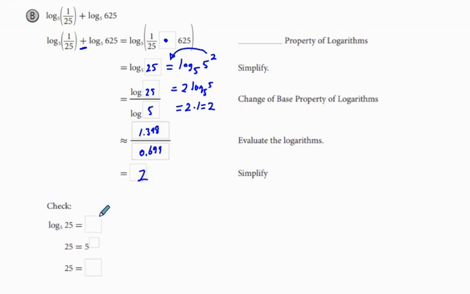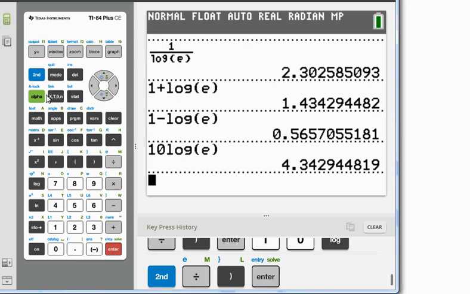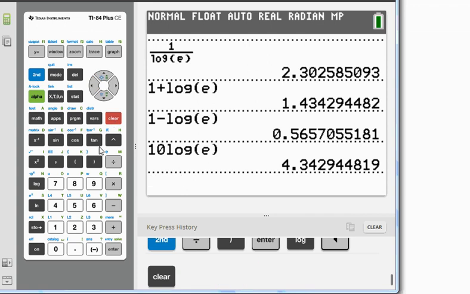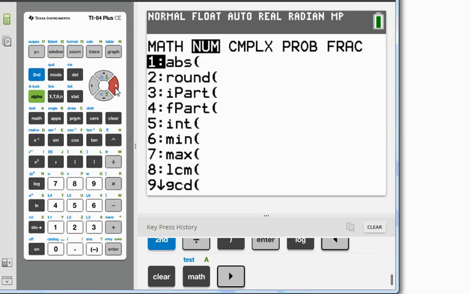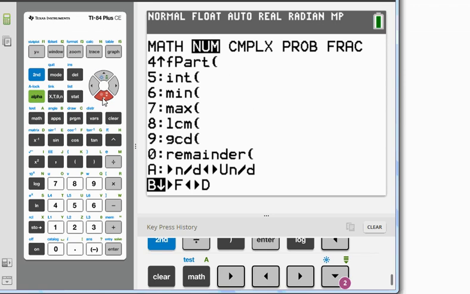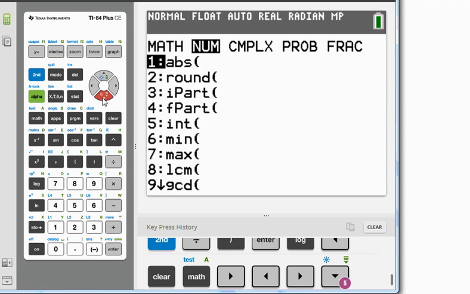And then you can check your work. Log base 5 of 25 is 2. We can do that on our calculator. And as far as where you find that, I will show you. If you go to math, to number, I think it's here. No, it's not.